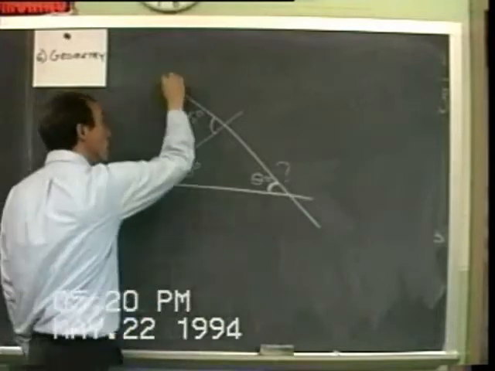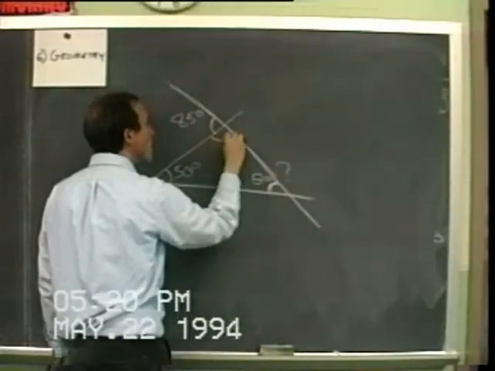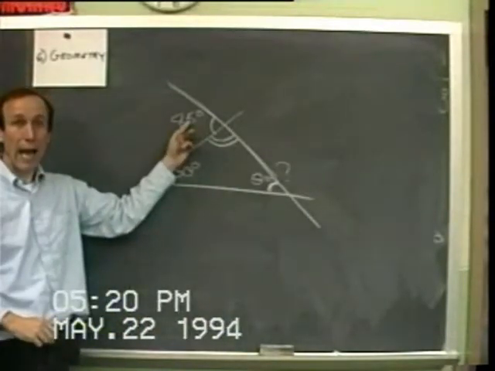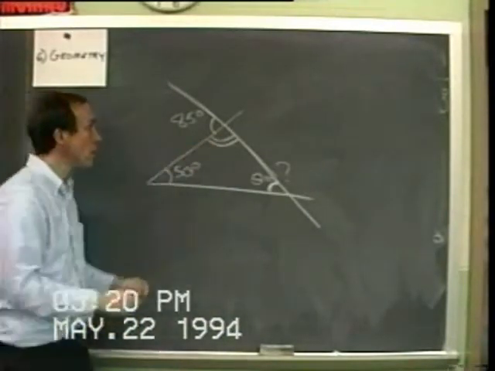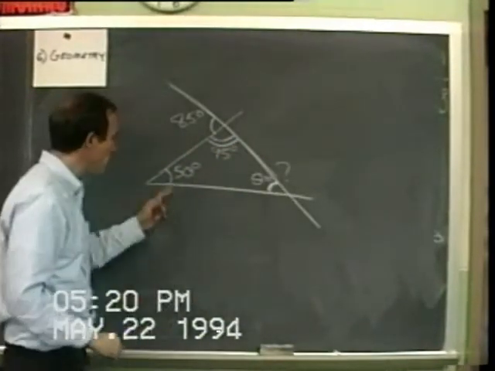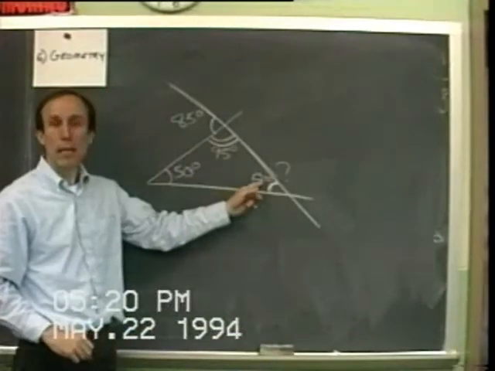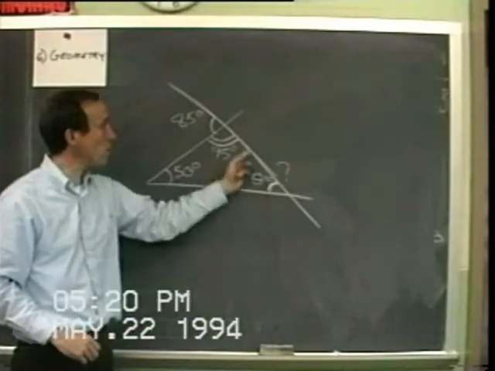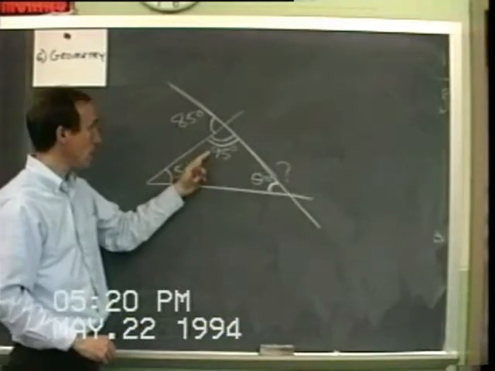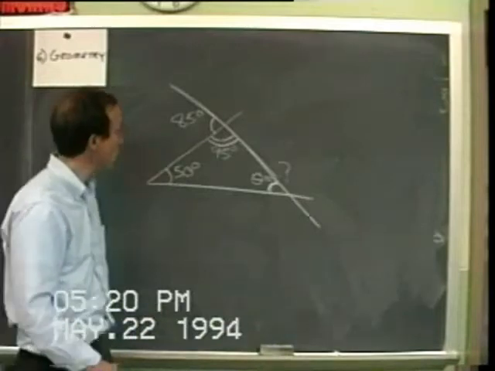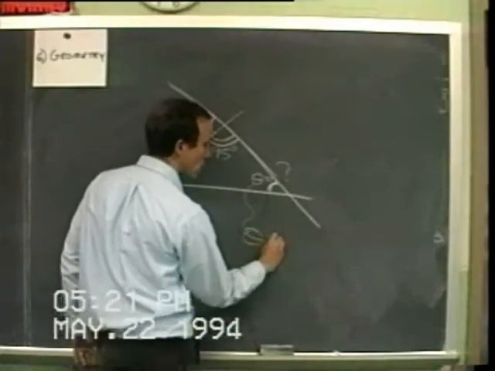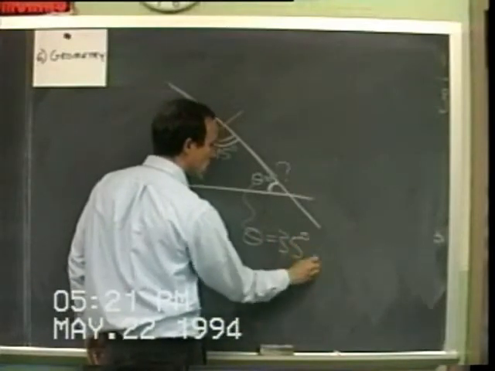And you could say, a straight line going through here, this angle plus this angle have to add up to 180 degrees, so this angle has to be 95 degrees. And furthermore, the interior angles of a triangle, we've got a triangle formed, have to add up to 180 degrees. We've got 95 plus 50 being 145. Another 35 will give us 180 degrees, so theta has to be equal to 35 degrees.